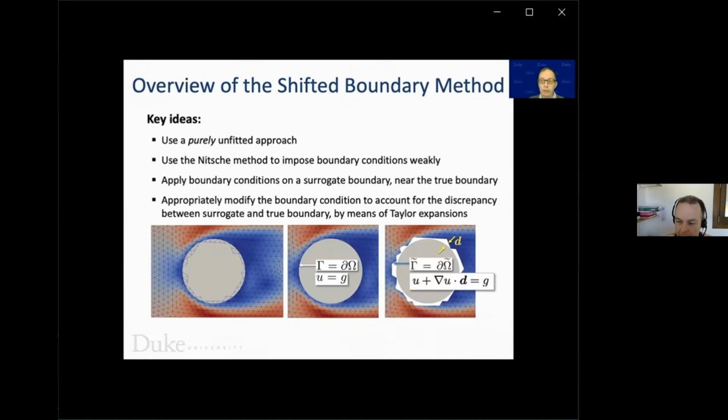The idea of the shifted boundary approach is to appropriately modify the boundary condition to account for the discrepancy between the surrogate and the true boundary by means of Taylor expansions.